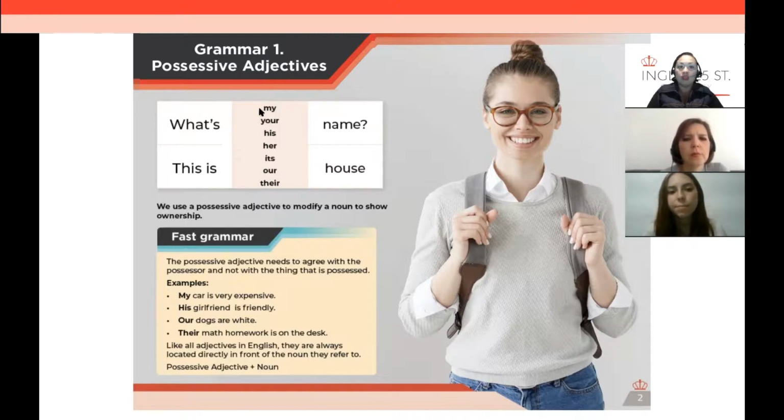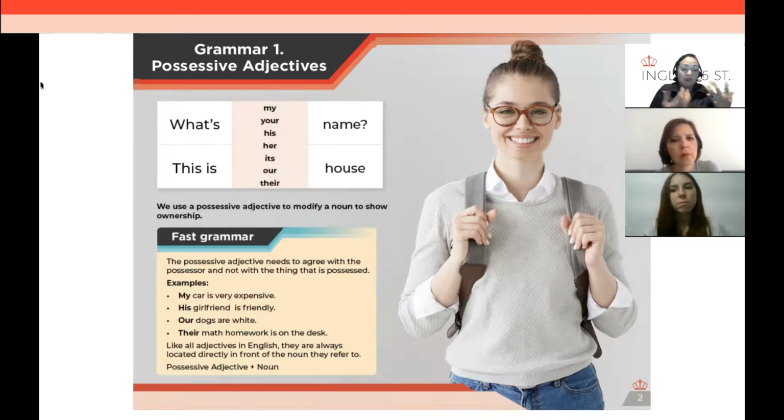Okay, when we are talking about this, we are saying something that belongs to us. So that's my pen, that's his brother. We are talking about a possession.